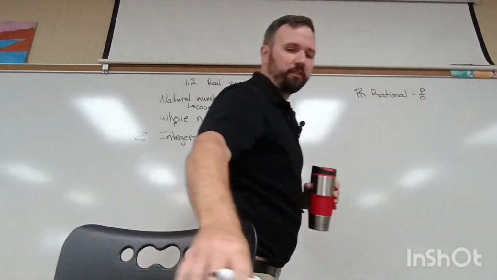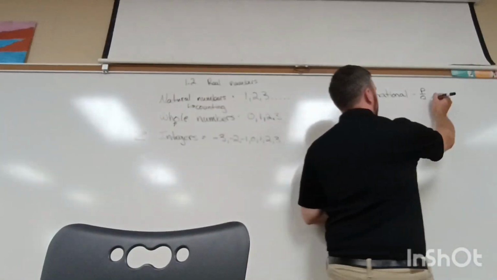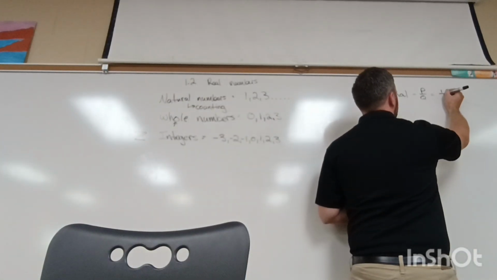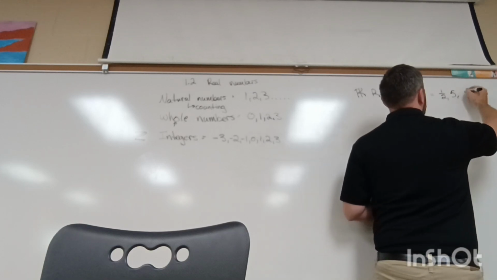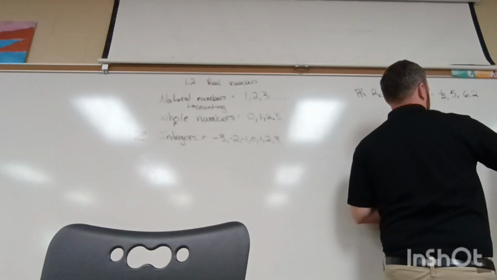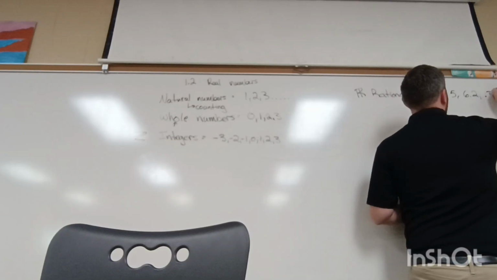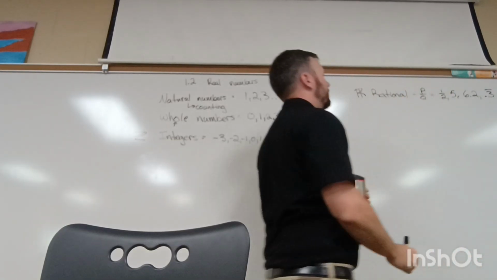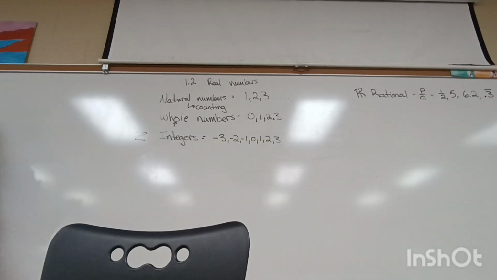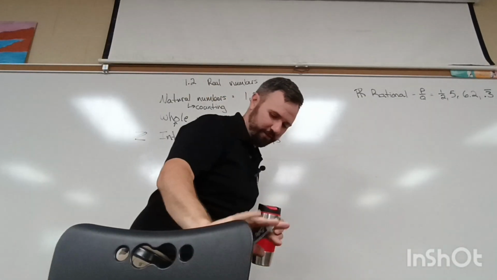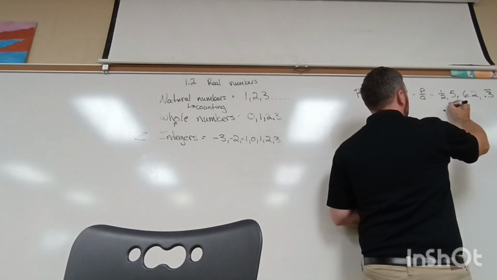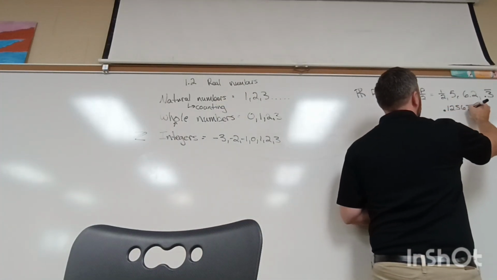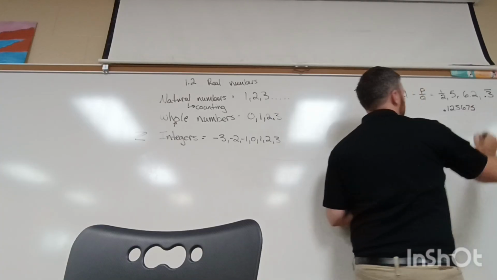But I'm also going to include things like 1/2, 5, 6.2, 0.3 repeating. So you're including your repeating decimals, your ending decimals. I gotta get rid of this. What about 0.125675?